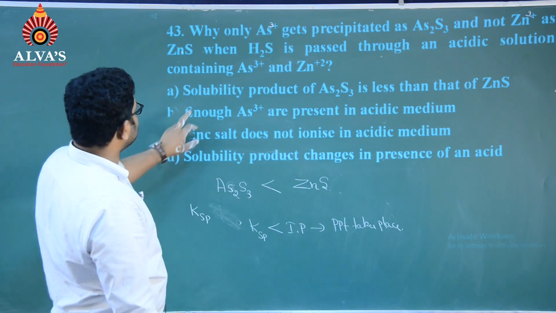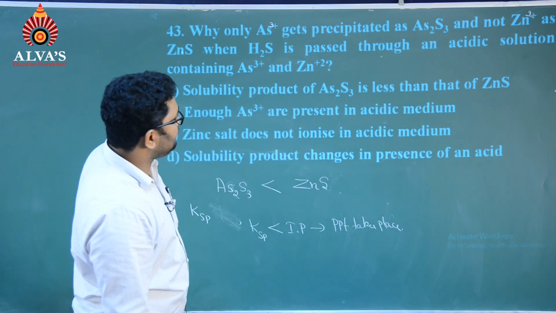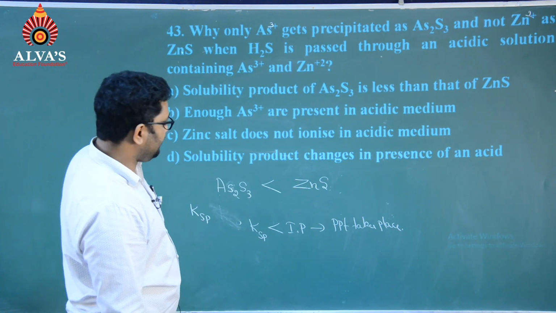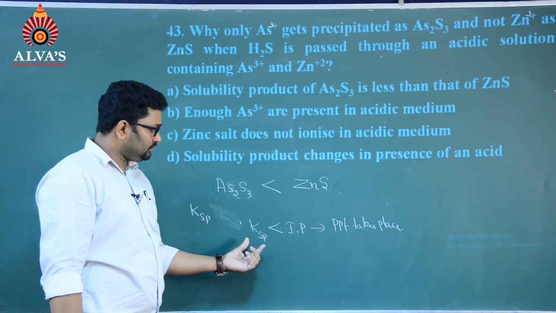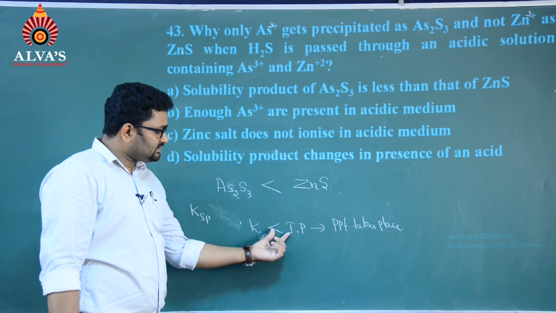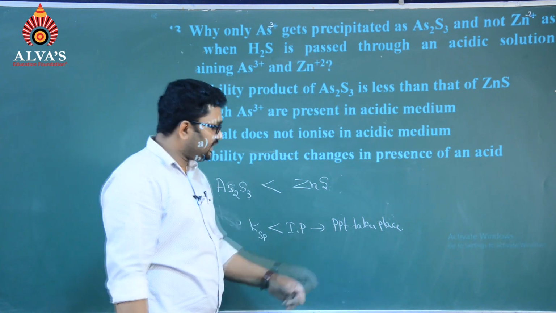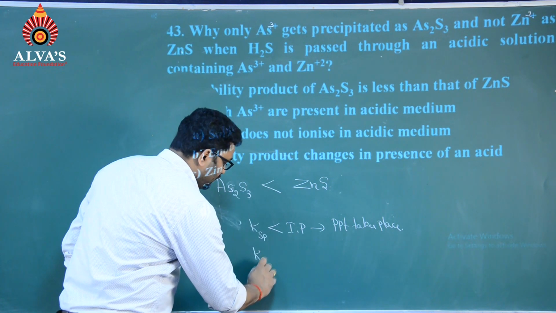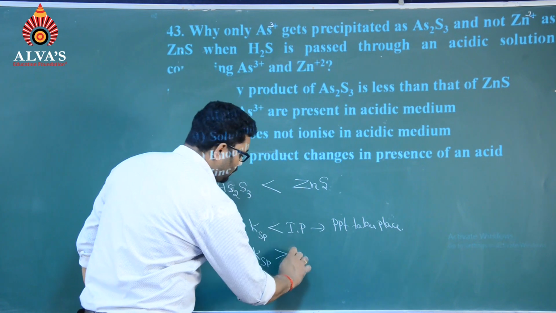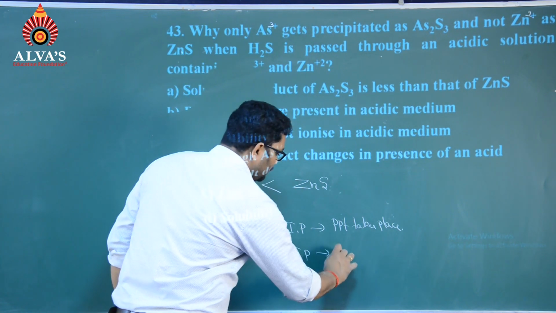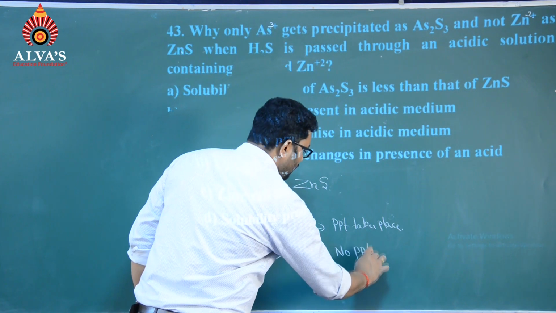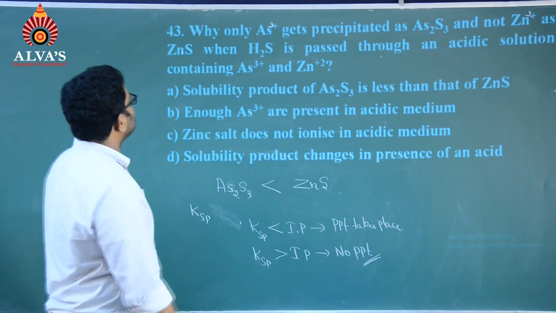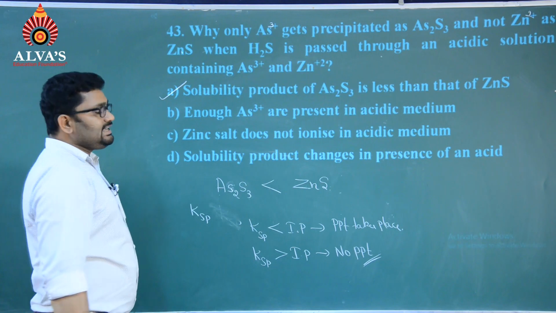Now, the answer is the solubility product of As2S3 is less than that of ZnS. And one more point you should know: if the Ksp value is less than the ionic product, precipitation takes place. If the solubility product value is more than the ionic product, no precipitate is formed. Answer for question number 43 is A.